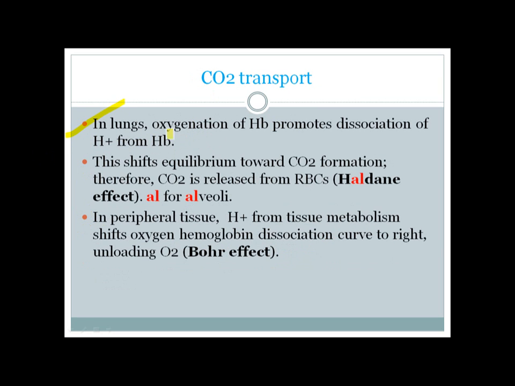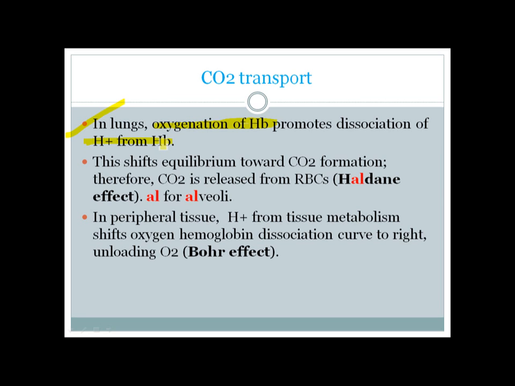And in the lungs, oxygenation of hemoglobin promotes dissociation of hydrogen from hemoglobin, because oxyhemoglobin is a worse buffer than deoxyhemoglobin. As this is a worse buffer, the hydrogen now dissociates from hemoglobin.